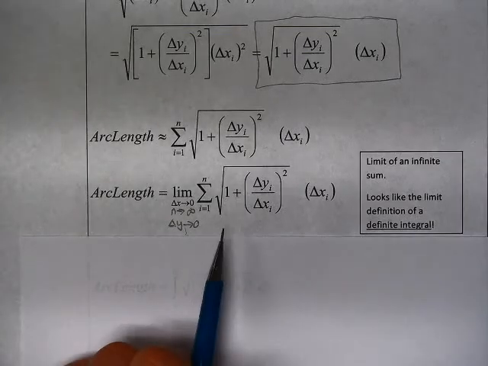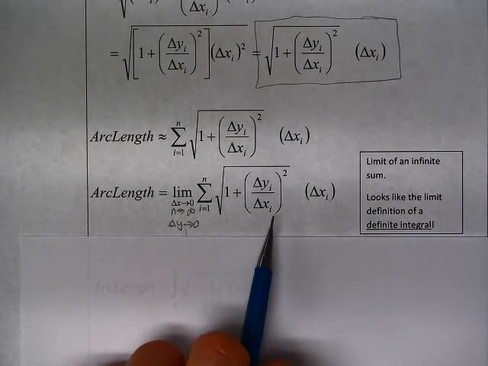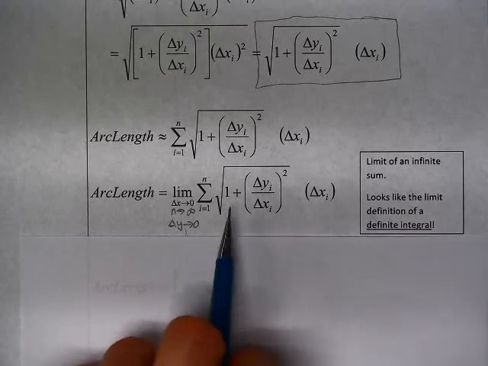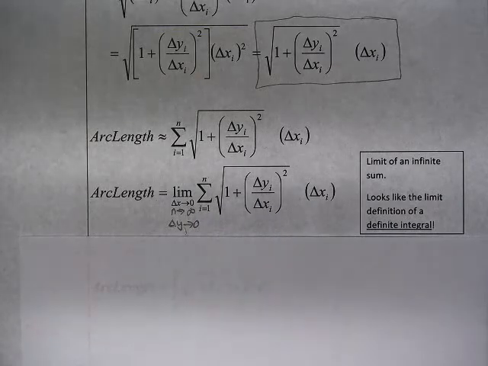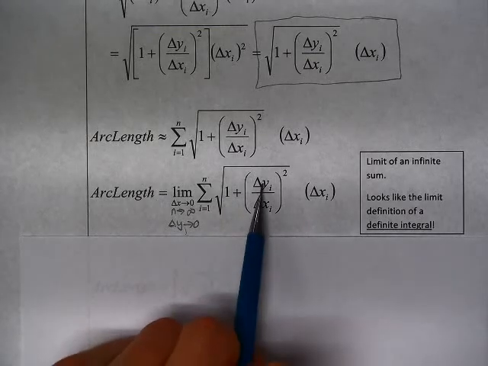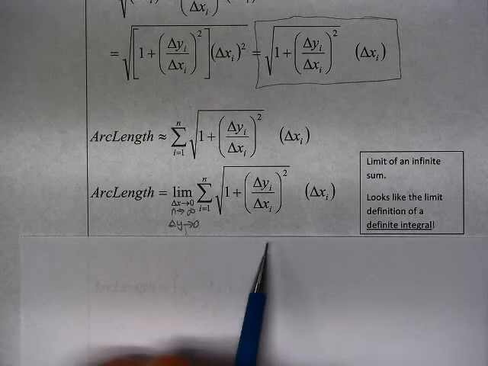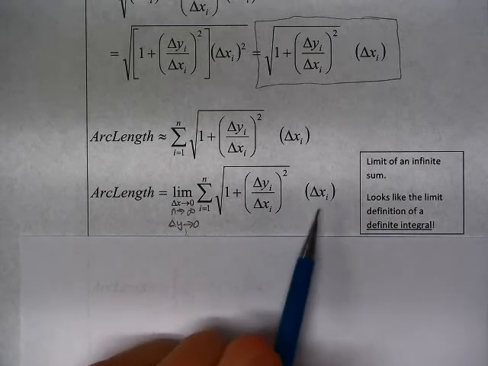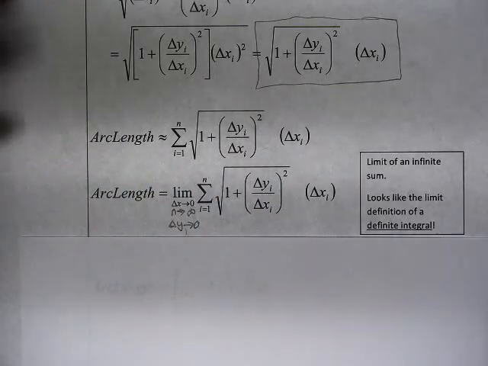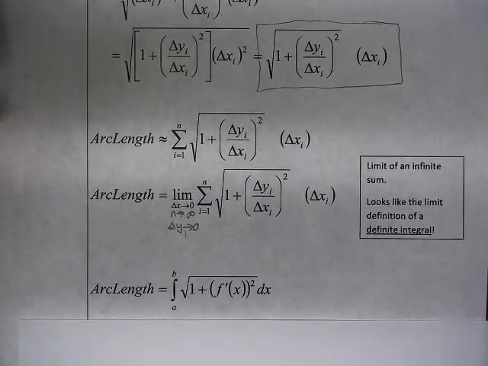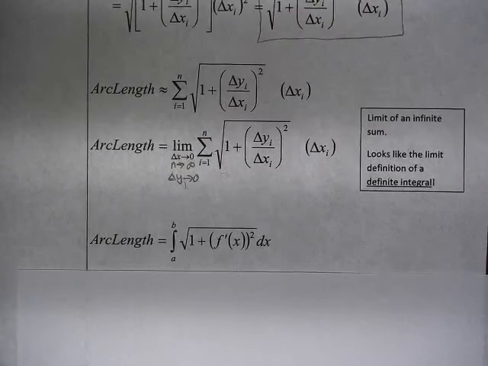Now if you look carefully at this and think back to when we talked about the definite integral, this is a limit of an infinite sum, which is very much how we got the definite integral. So it's a similar process. Here I have delta y over delta x, and I have my delta x out here. Delta x is approaching 0, and I have the number of these line segments approaching infinity. And what I get is a definite integral.